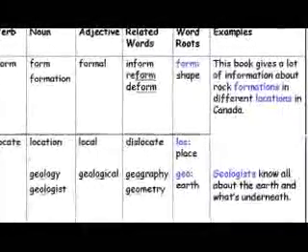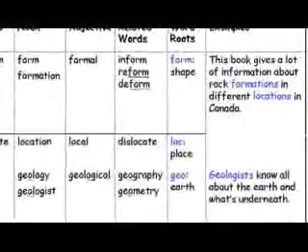And then you can ask children, well, can you make a guess then about what this usually means on the end of the word? And they probably will figure out that the suffix ist usually has something to do with some kind of expert person, someone who does a certain job or is very knowledgeable in a certain area.